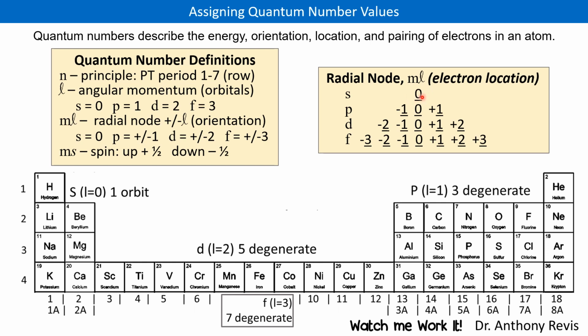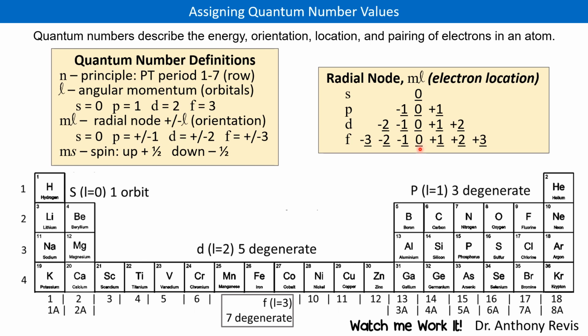There's no nodes in a S orbital, which looks like a sphere. For a P orbital, we have this 0 center, and then to each side of the center, we have a minus 1 and a plus 1. For the D, we have our center position, a minus 1 position, a minus 2 position, and a plus 1 and a plus 2 position or location.